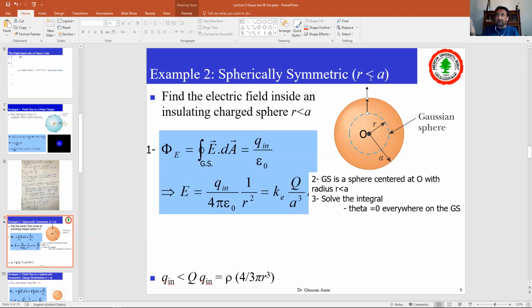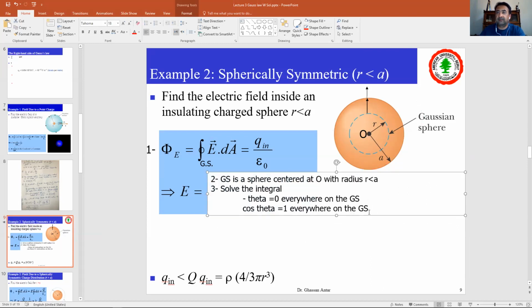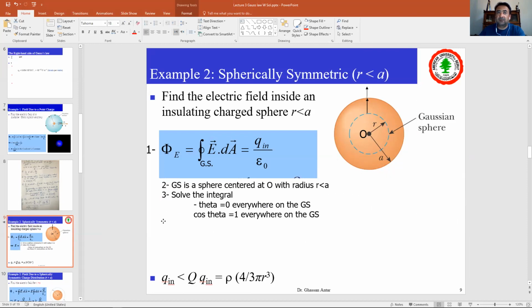They are both going radially. So if theta is 0 everywhere, this means that cosine theta is equal to unity everywhere on the Gaussian surface. I hope that you are able to follow.